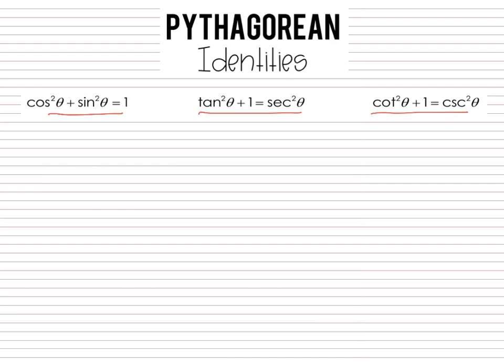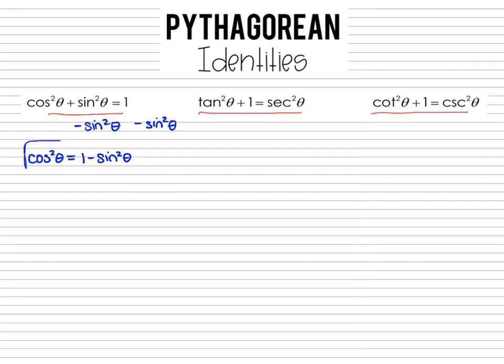So if we look at the first one, cosine squared theta plus sine squared theta equals 1. We know that's true. But what I can also do is, for example, subtract sine squared theta from both sides. When I do that, what I have now is that cosine squared theta equals 1 minus sine squared theta.